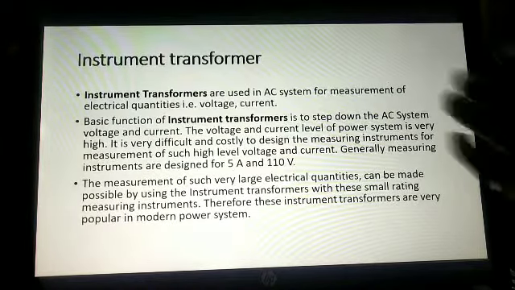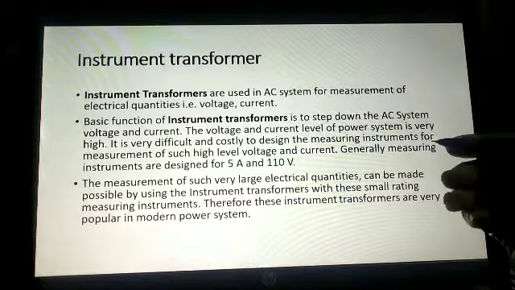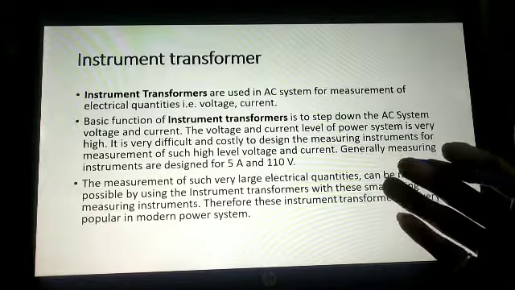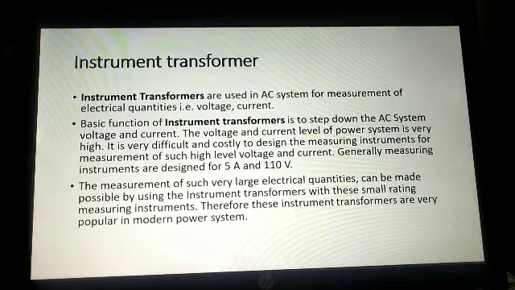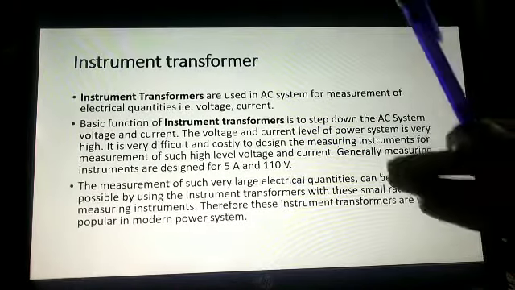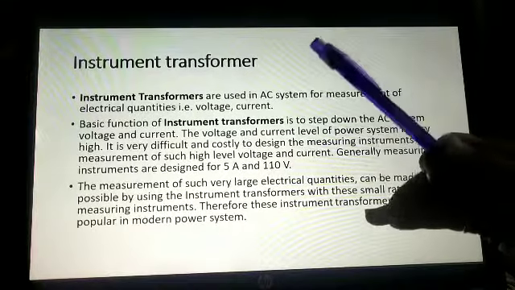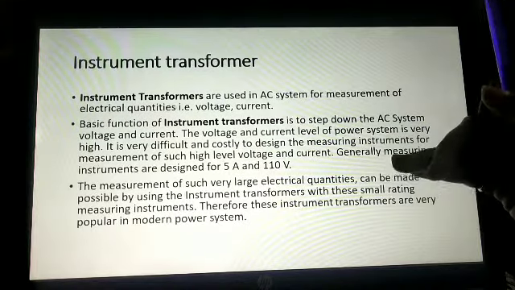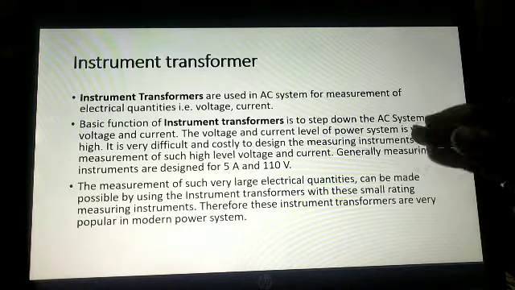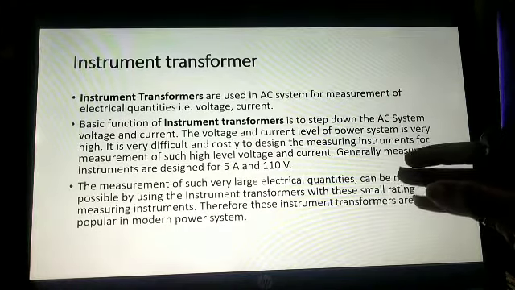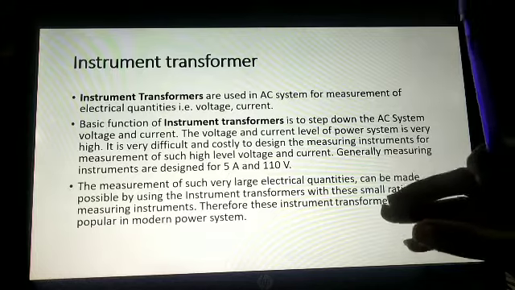So why do we require this instrument transformer? We will quickly go through the introduction part. We already know that ammeter and voltmeter are used to measure electrical quantities, right? Ammeter is used to measure current and voltmeter is used to measure the voltage.